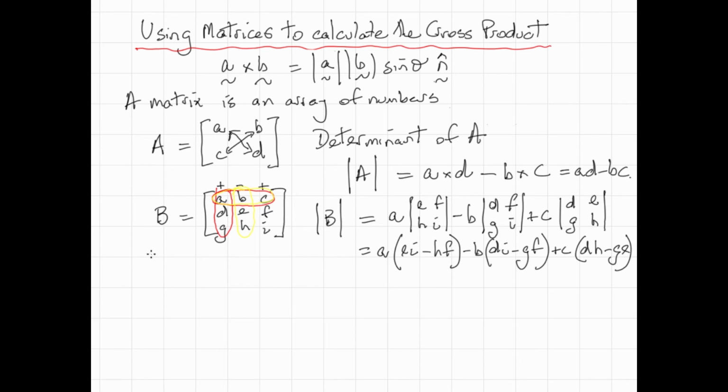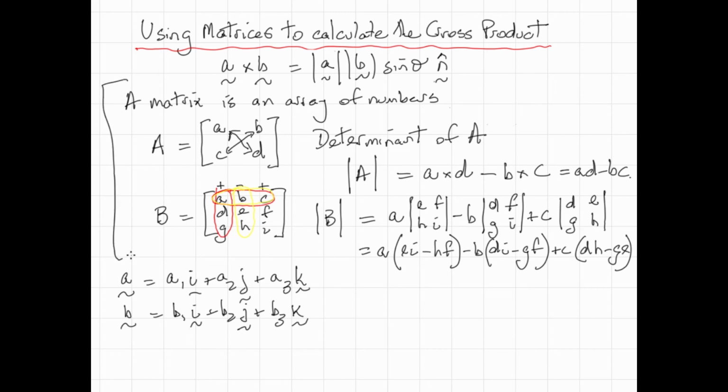Okay, so that's what we're going to use to calculate the cross product. So if we've got vector A equal to A1 i plus A2 j plus A3 k, and vector B equal to B1 i plus B2 j plus B3 k, we can use our knowledge now of matrices to actually calculate A cross B. So A cross B equals the determinant of a matrix.